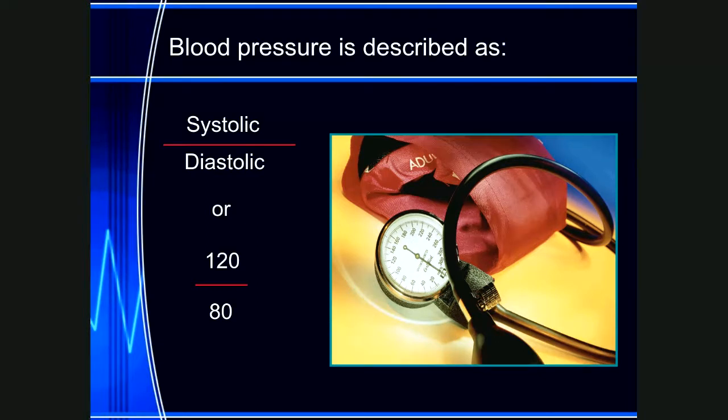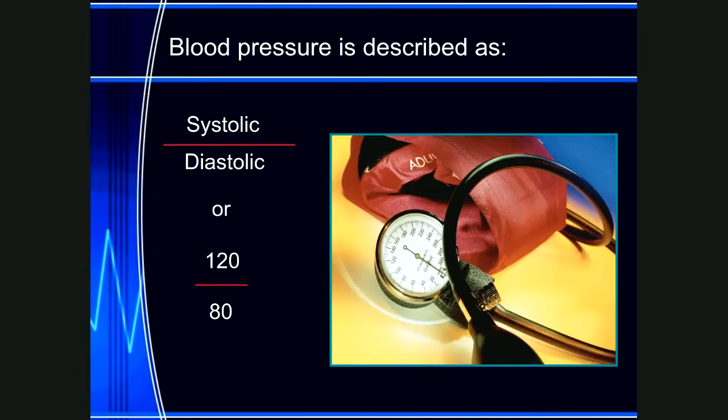The diastolic blood pressure is the pressure remaining in the arteries when the left ventricle of the heart is relaxed and refilling. When you take a patient's blood pressure, you report the systolic pressure first. The diastolic you report second, or 120/80.